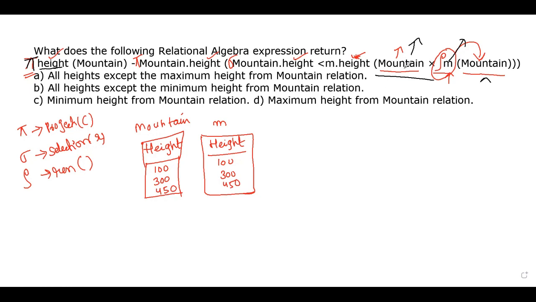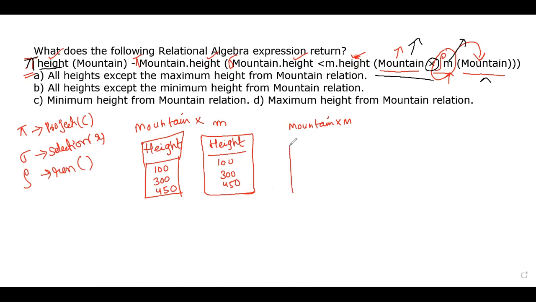Now you need to take the cross product. They are going to ask the cross product of mountain with M. So now I am going to take mountain cross product M. If you take the cross product of these two, what is going to happen?